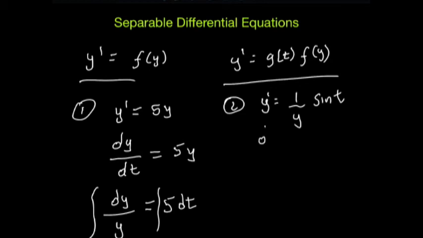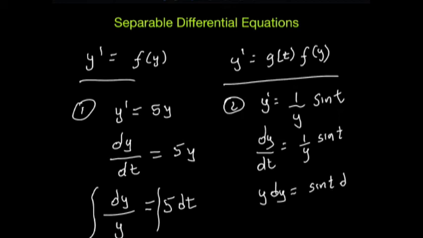Again, we change our variable y prime into dy over dt, and then we will have 1 over y times sine of t. And again, the goal here is to put all the y's on the left and all the t's on the right. So we're gonna have y dy equals sine of t dt.